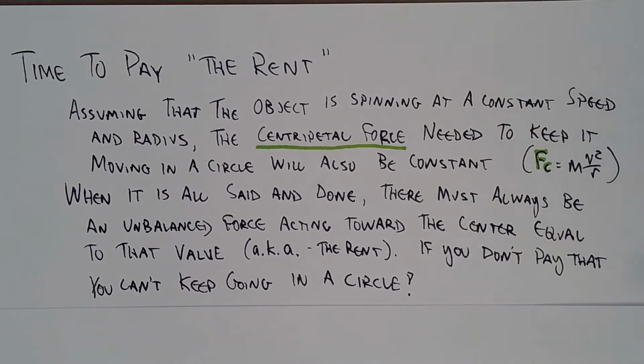If you don't pay that cost, you are not going to travel in a circle. If you can't pay that, you don't get to go in a circle. For this scenario, we're going to assume that you are going in a circle, so you are always going to make the payment. The question is, how are you going to go about doing that?